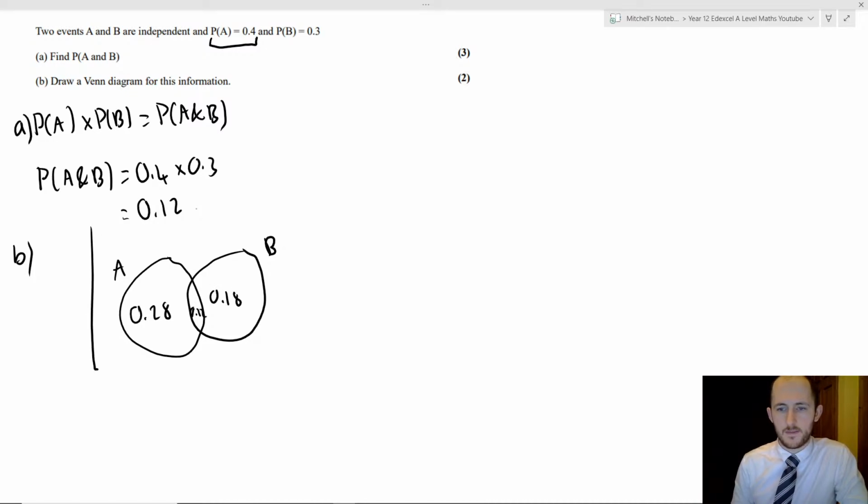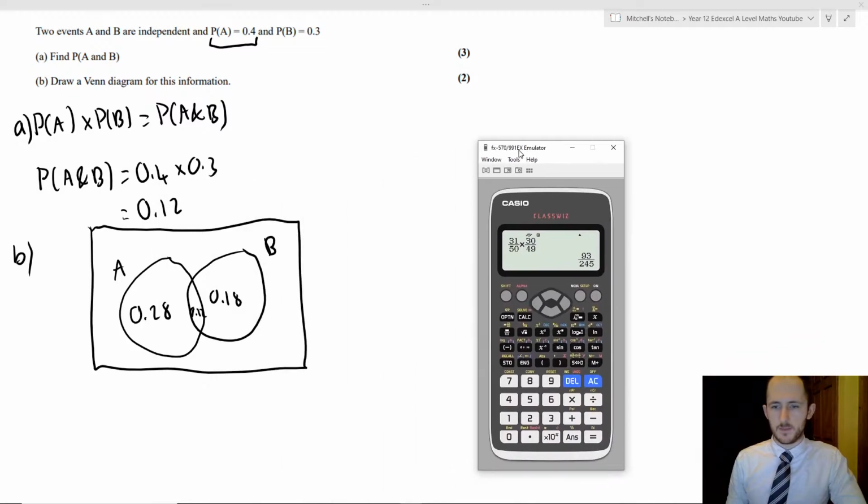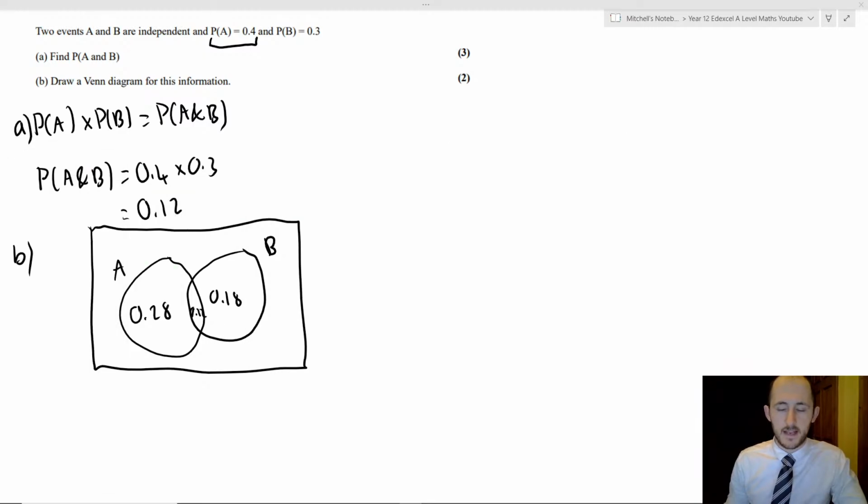Now, where a few students would go wrong with this is they would not write something outside. So what we want to do here is we do 1 minus 0.28, 0.12, and 0.18. And we have to put this decimal on the outside because, again, all probabilities should add up to 1.